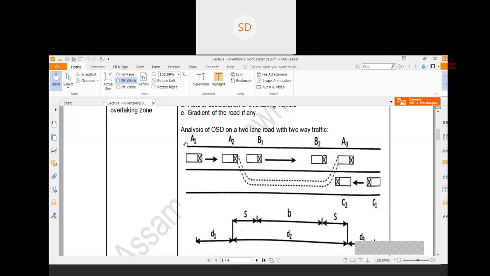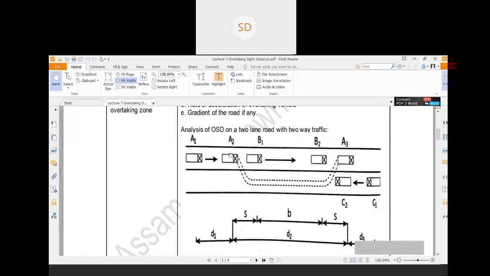Initially, vehicle A, whose position was A1, will follow vehicle B. Whenever it follows vehicle B, it will reduce its speed and maintain a speed equivalent to vehicle B, and follow it. Why will it follow vehicle B?